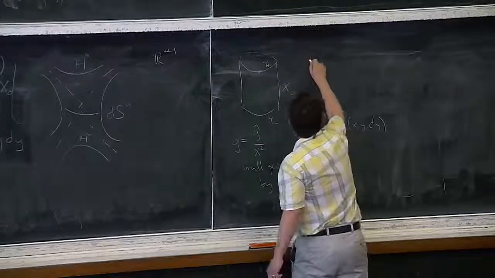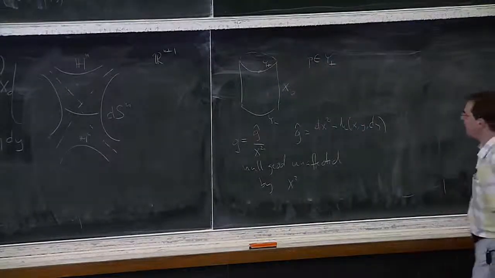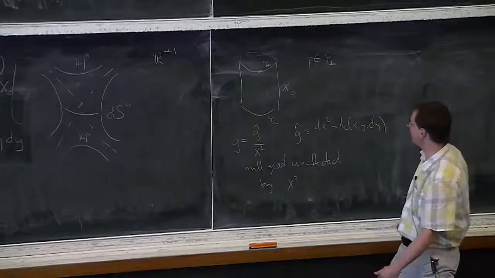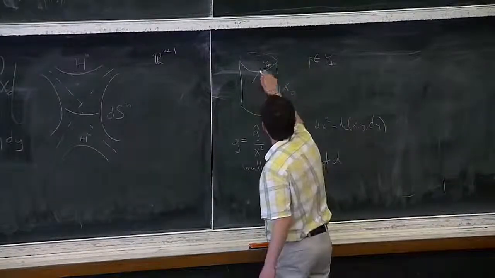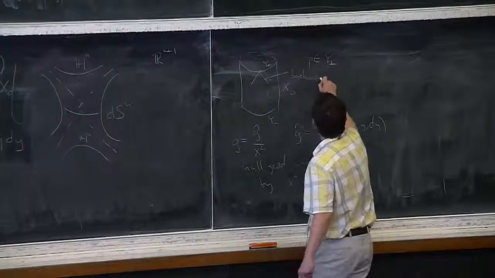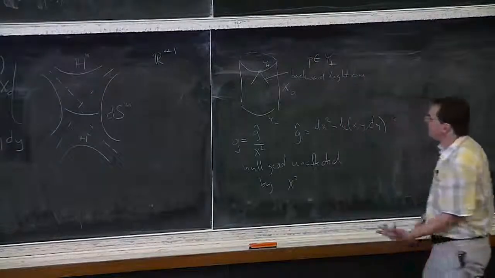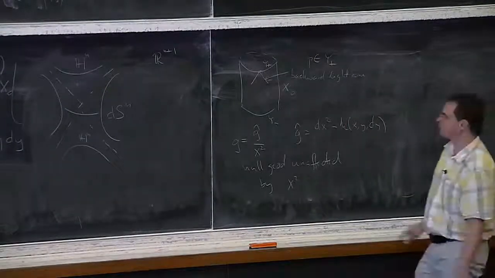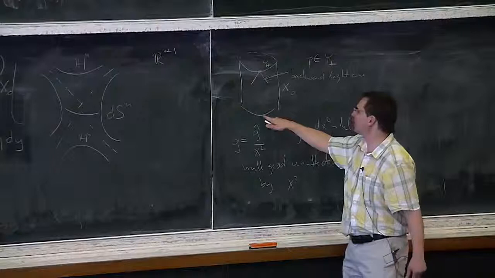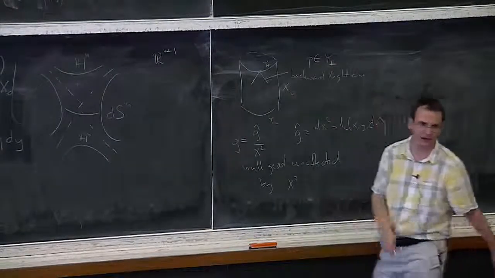And I pick my favorite point p in y plus. So that's on the future component of the boundary, or one of the future components if there are many. I can take the backward light cone, and it's going to look like this. So in the case of exact de Sitter space, you could pick the same point in the past, and then you would get a diamond-like picture if you wanted to.